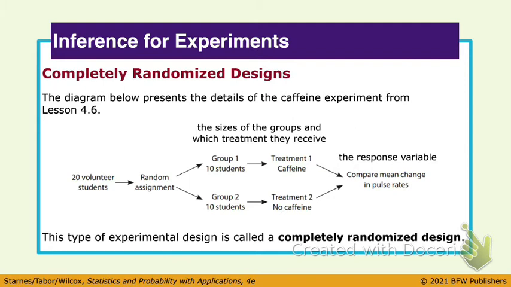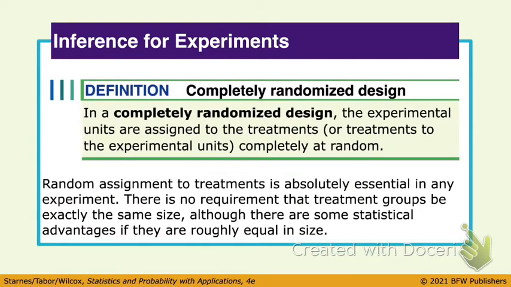So the definition of completely randomized design is that the experimental units are assigned completely at random. Random assignment is absolutely essential in any experiment. I don't want to have any chance that I am biasing the experiment.